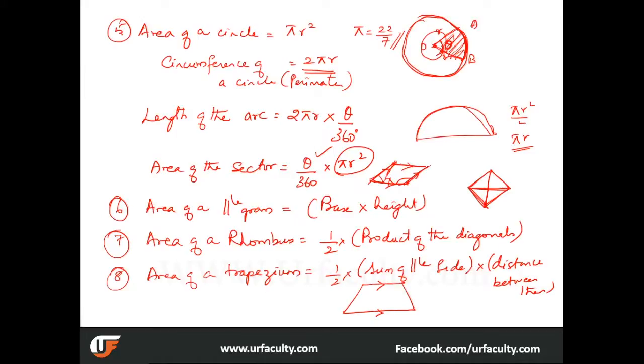And what are we doing? We have to first add up these two sides, A and B. So half into sum of the parallel sides and distance between them, which is basically a 90-degree line drawn, or an H, you can call it H. So that's the area of a trapezium.